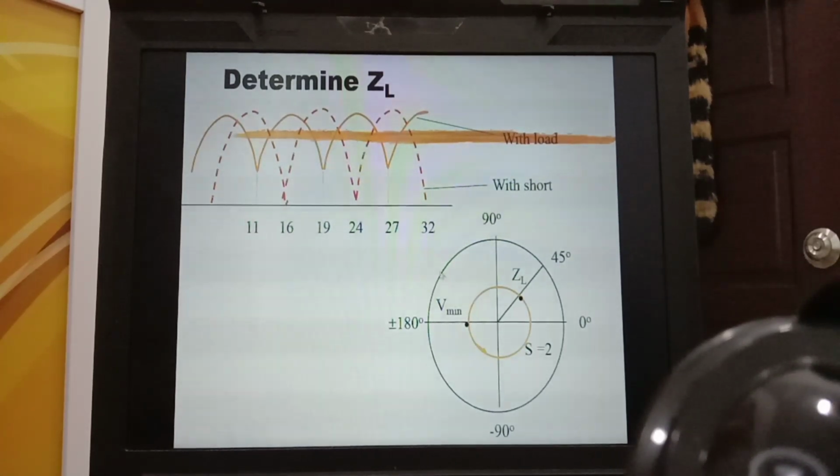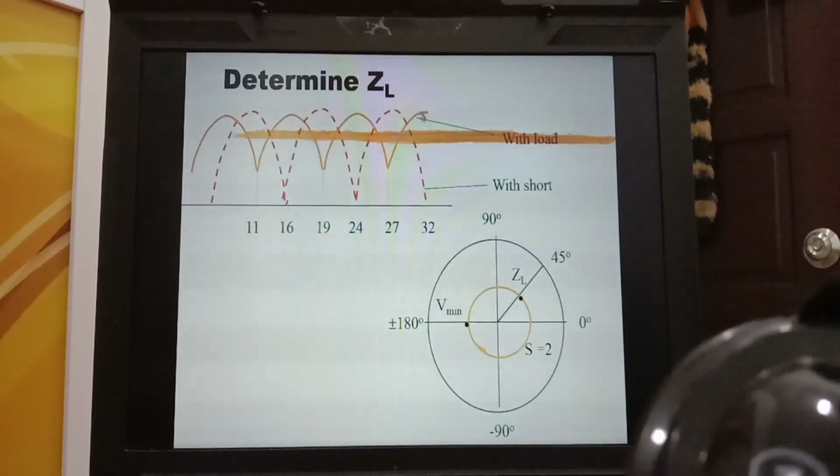So if the impedance at this point is given by this value on the Smith chart, what is the impedance at this point? That is 5 cm towards load. The impedance at this point is equal to the impedance at this point, which is also the location where the standing wave pattern is minimal for the case of short circuit.